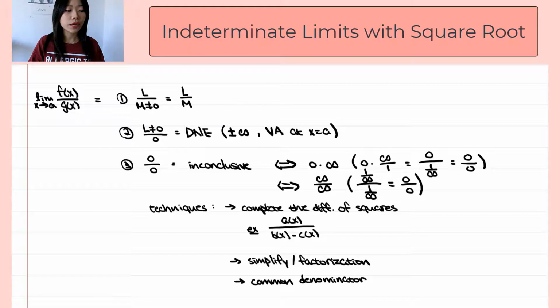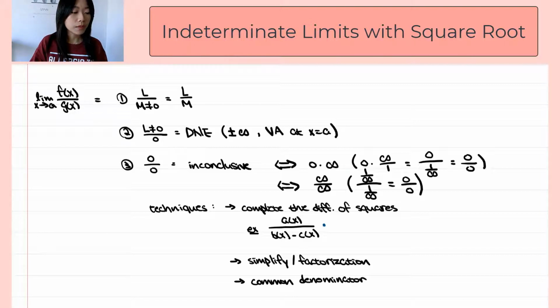An example of completing the difference of squares: when you have a function of x over a function of x minus another function of x, let's call them a, b, and c. Then to complete the difference of squares in the denominator, we can multiply the function by the conjugate of the denominator, but we change the sign from minus to plus.